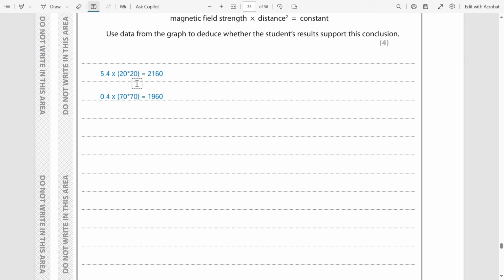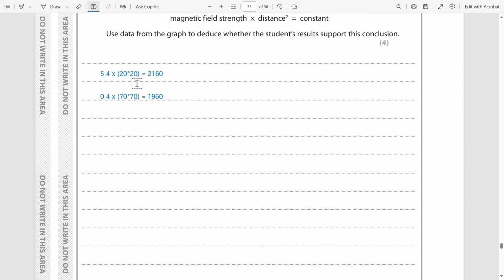Now you may say that because they are supposed to be in milli Teslas, if you put them into Teslas, they would be 2.1, 2.2, and 2. And the difference is very, very small, you could say, and therefore you could be very nice and accept that it does support the conclusion.